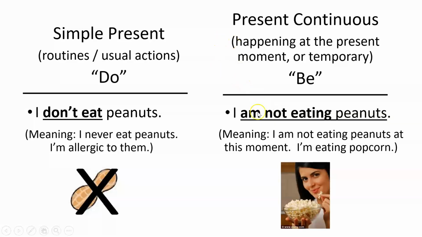So when I say I am not eating, that means right now in the present moment, I'm not eating peanuts. But maybe I'll eat them later, or maybe I'll eat them tomorrow. I don't eat peanuts is a little bit more permanent. And I'm not eating peanuts is a little bit more temporary. It's just for the moment.